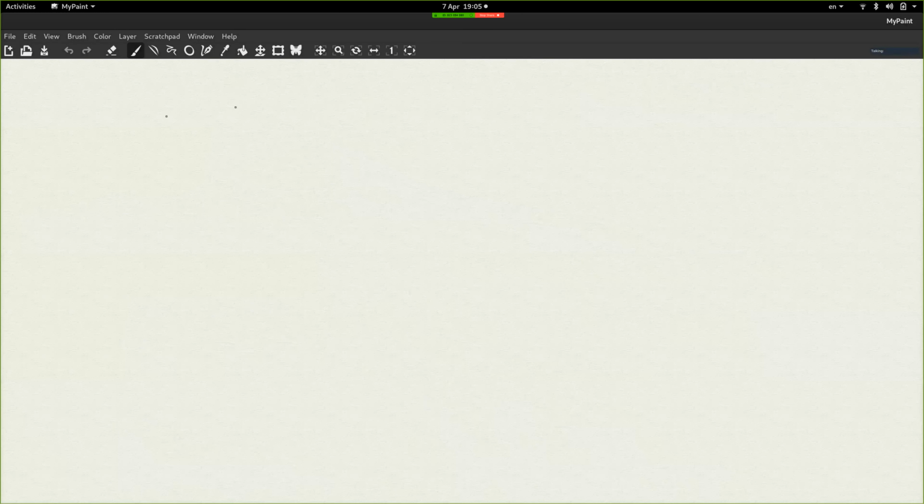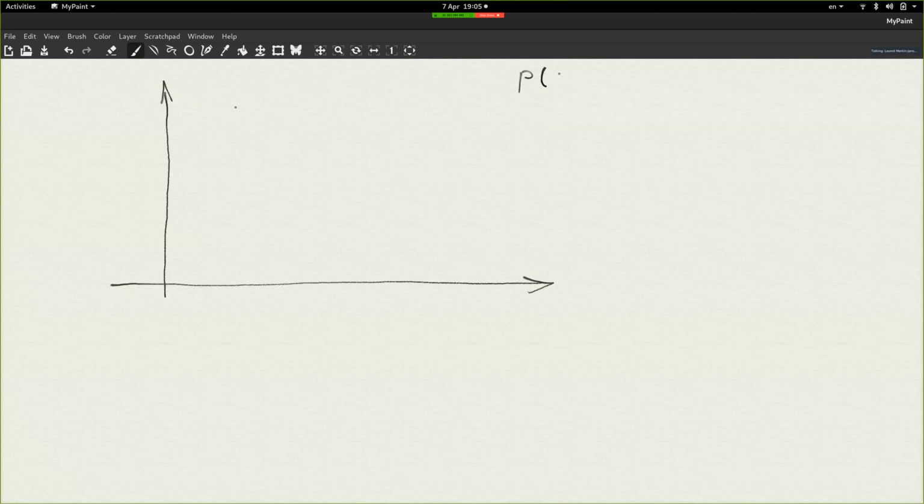In this case, the grid looks relatively simple. Consider a two-dimensional system of coordinates. As you remember, our function P is a function of two variables, S and T, okay?